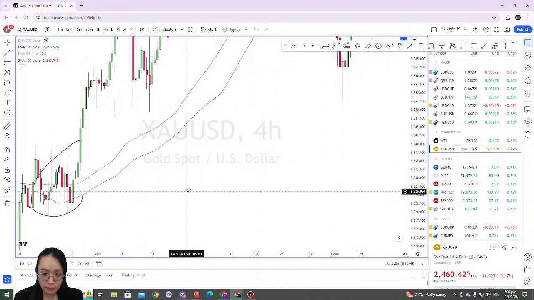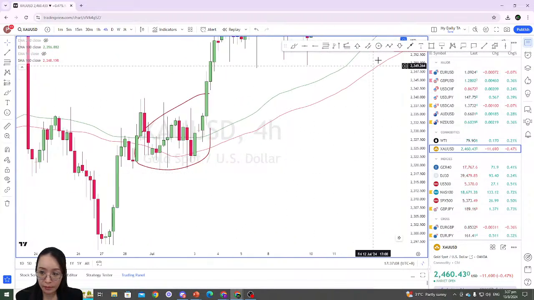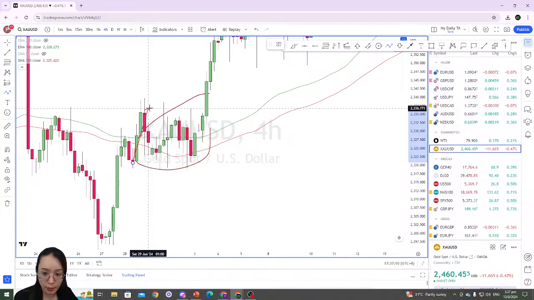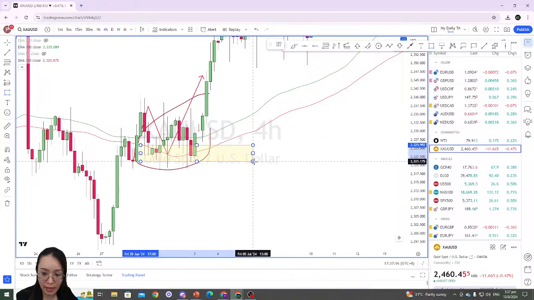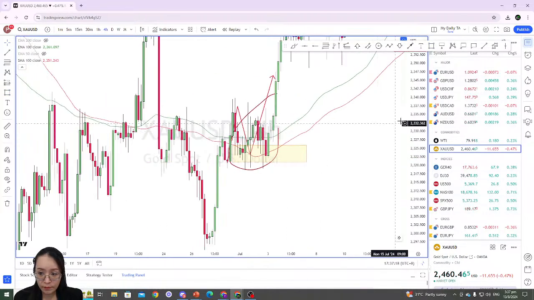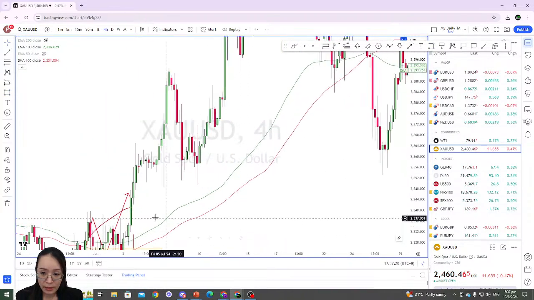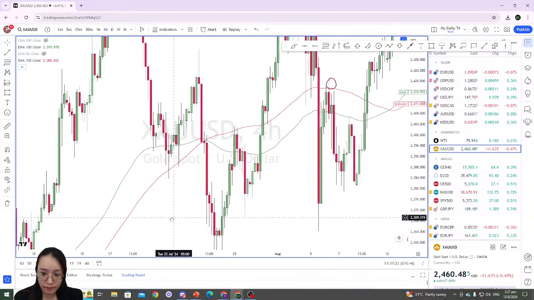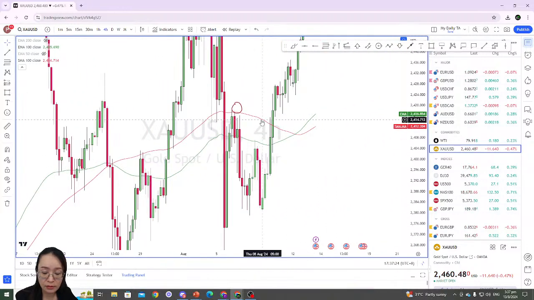Zooming in here, once price breaks above, it pulls back and continues the uptrend, meaning that they are acting at the support level. And then there is this very strong uptrend here. You can try, but I prefer to use EMA rather than SMA for gold or for any pair.